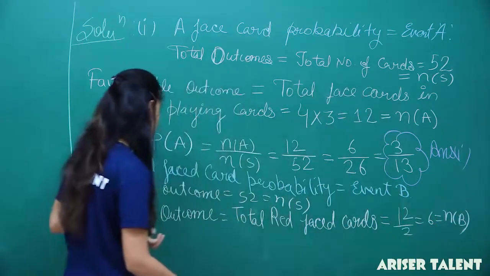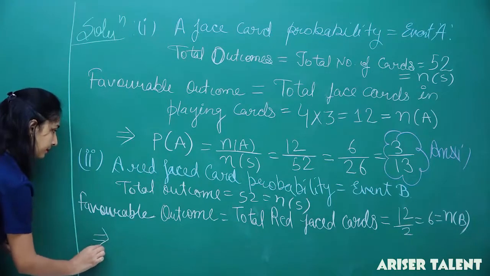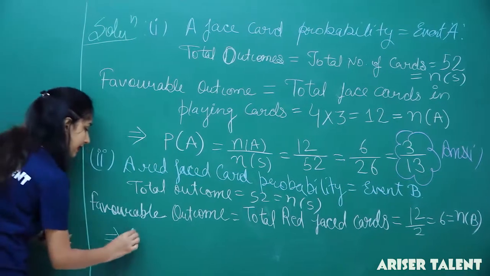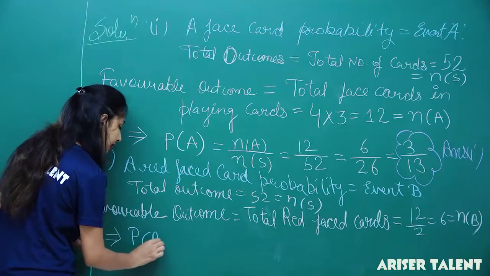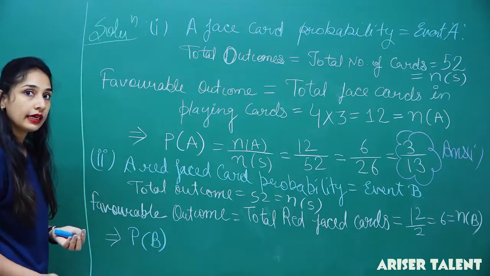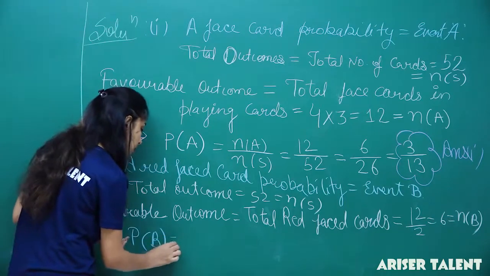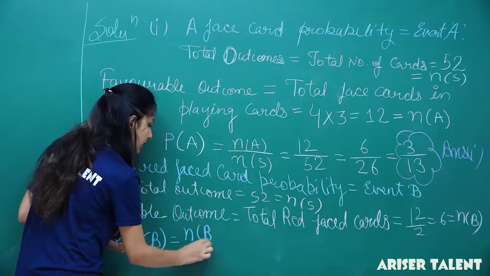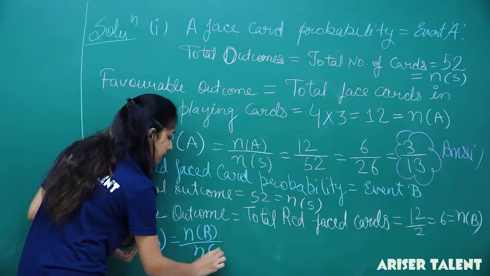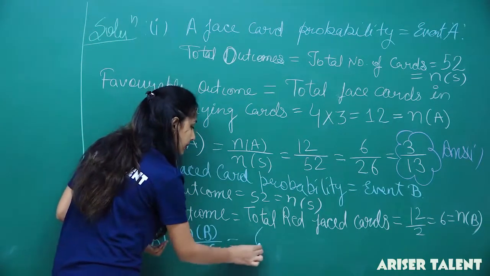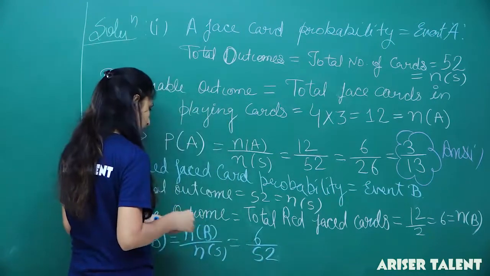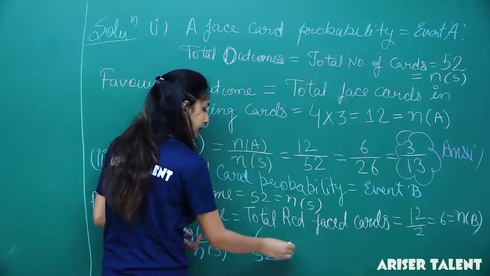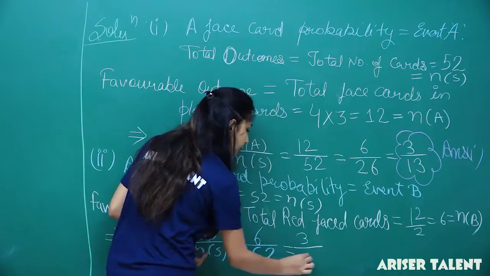So in that case, probability of that event B, which is getting a red faced card, is equal to NB by NS, which is equal to, students, what? 6 by 52. Now 6 by 52, that means that will be 3 by 26.